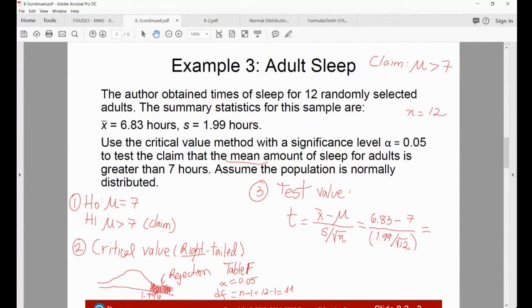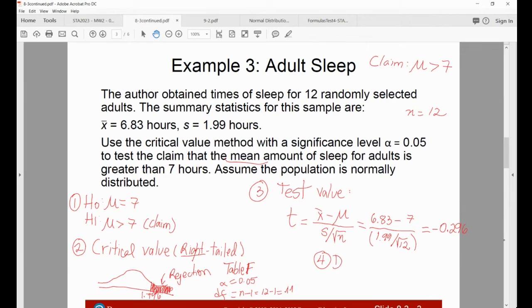Rounded to 2 decimals is negative 0.30, and rounded to 3 decimals is negative 0.296. In the homework and in the test, it will say the rounding rule. So always read carefully. Sometimes it will say round to 2 decimals, to 3, to 4. So in this case, it's negative 0.296.